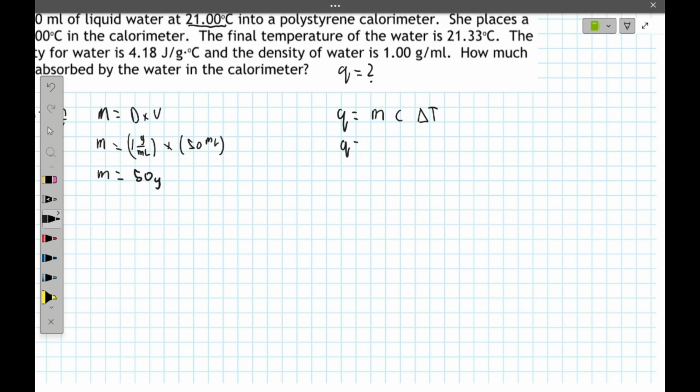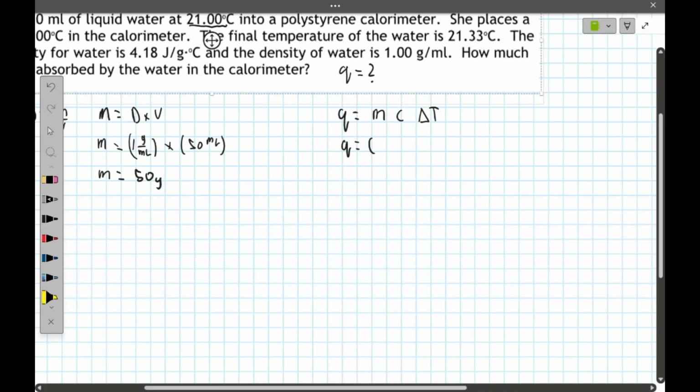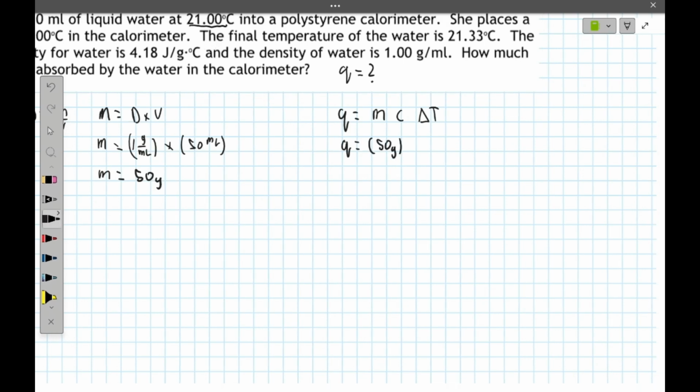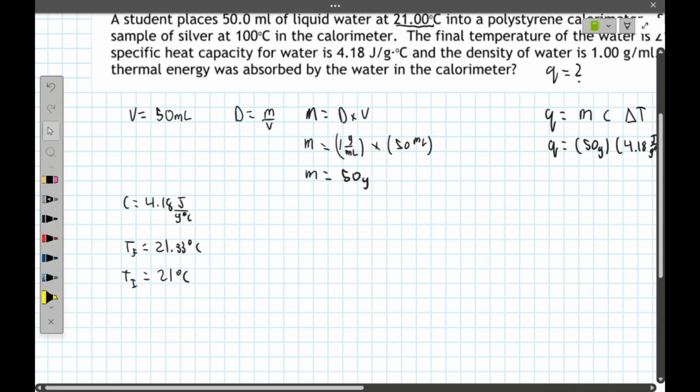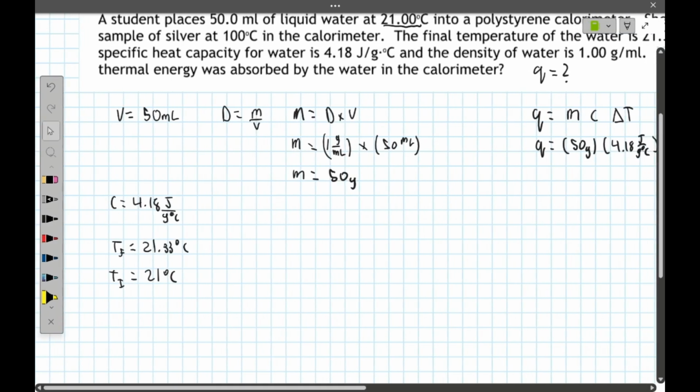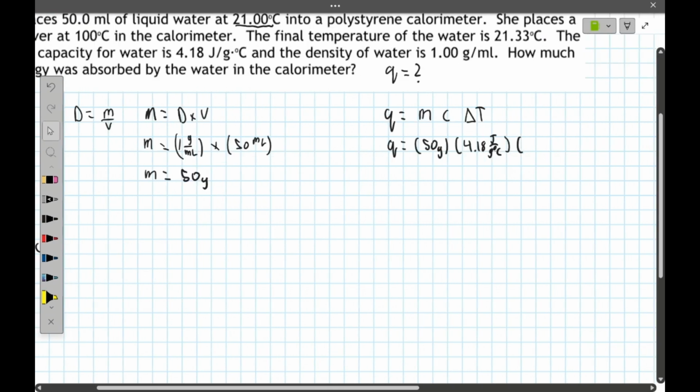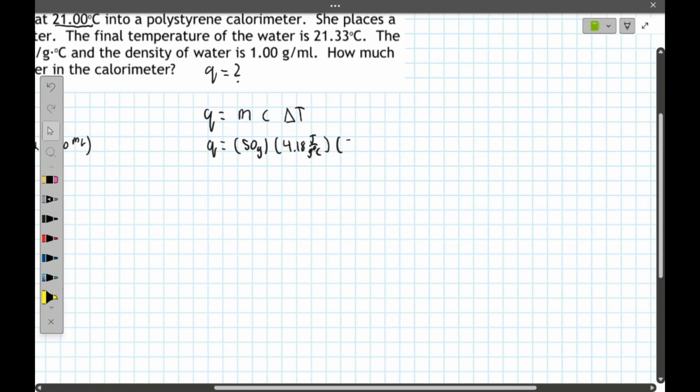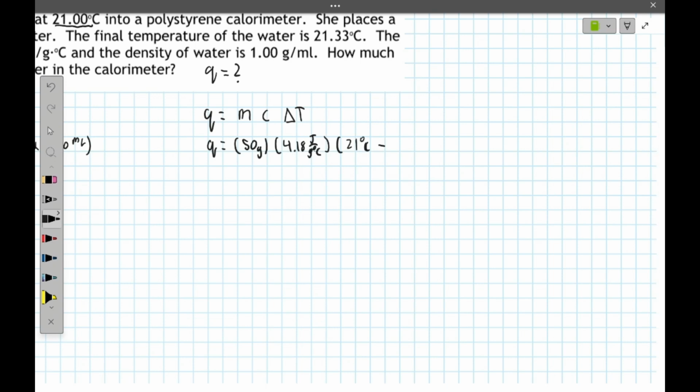So Q is equal to the mass, which was 50 grams, multiplied by the specific heat capacity, 4.18 joules per gram degree Celsius, and then the change in temperature, which is the final temperature minus the initial temperature. So it's going to be 21 degrees Celsius minus 21.33 degrees Celsius.